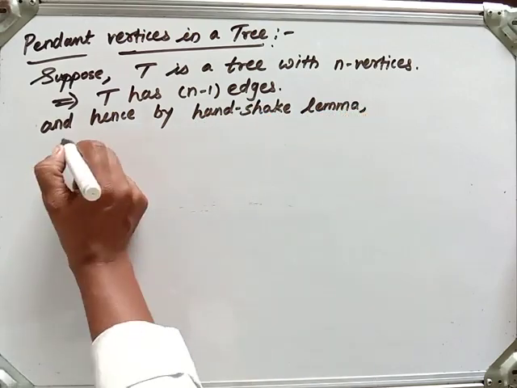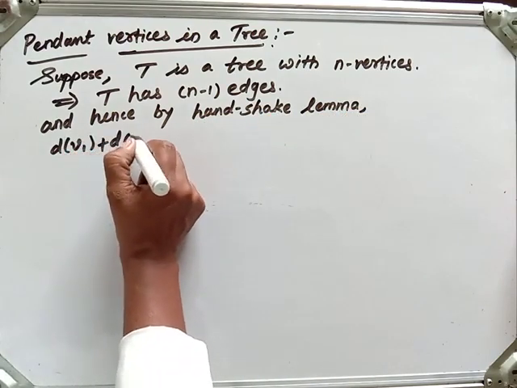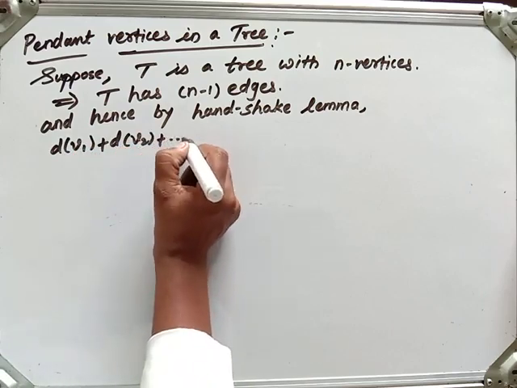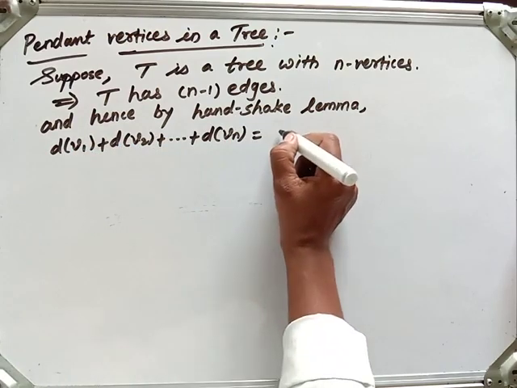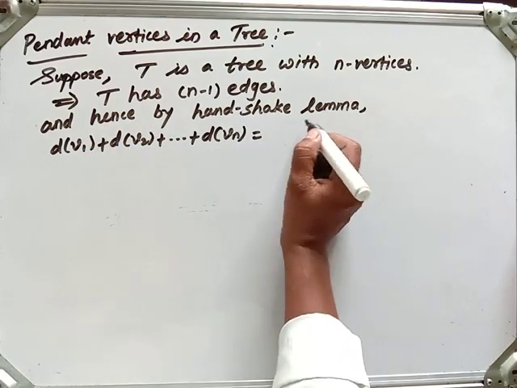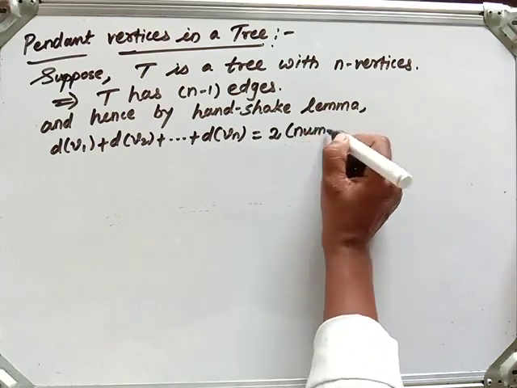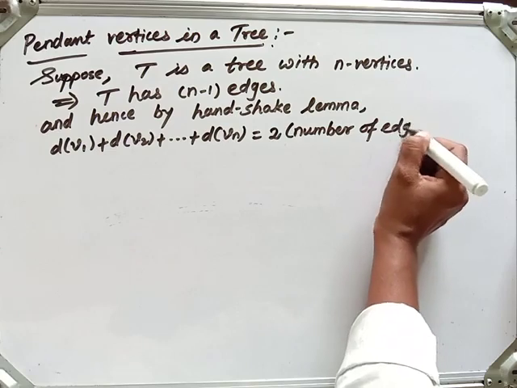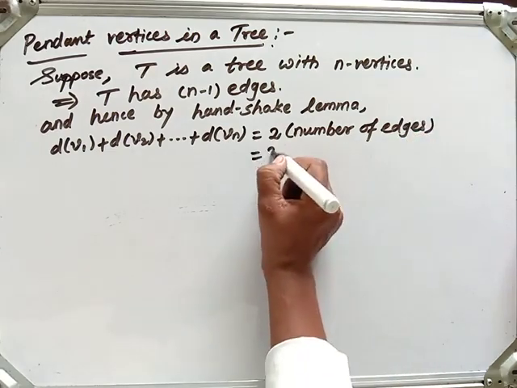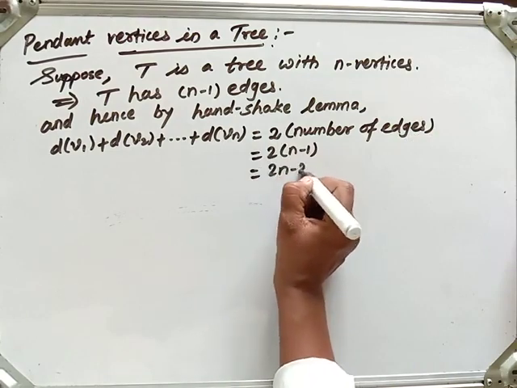We can say degree of V1 plus degree of V2 plus so on up to degree of Vn, as there are n vertices, right, is nothing but 2 times the number of edges, and that is nothing but 2 into n-1. So that will be 2n-2.